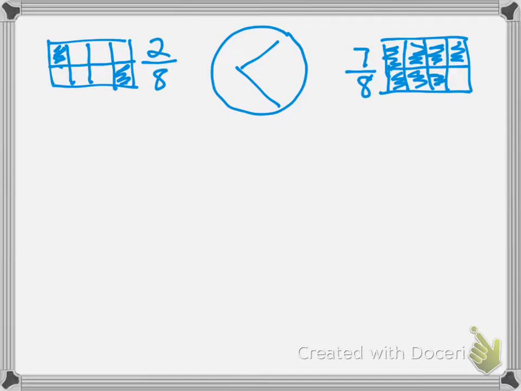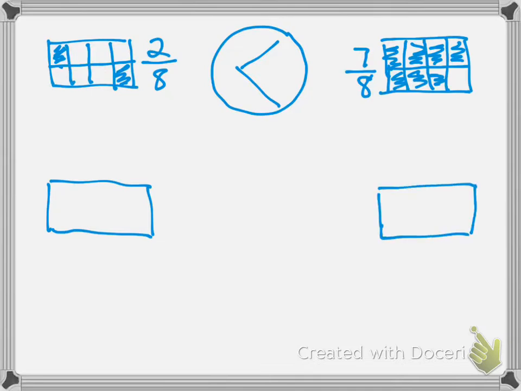All right. Now, for your assignment that you're going to take a picture of, I would like you to draw your own chocolate bar equation. So you can divide your chocolate bar into 8, or you could divide it into something else. But if one side is 8, the other side has to have 8 pieces as well.